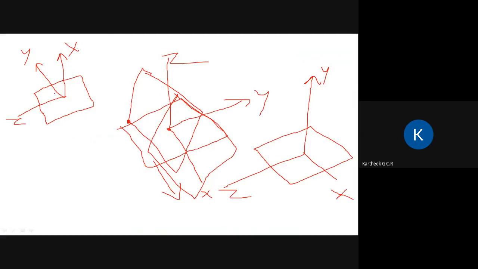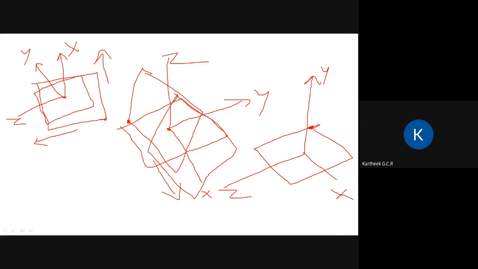This object is rotated around y-axis, so basically it's like this now, right? Now I want to bring this wall over here. So again, translation I am supposed to do along x-axis and z-axis. Over here also, I want to bring this corner to the origin.